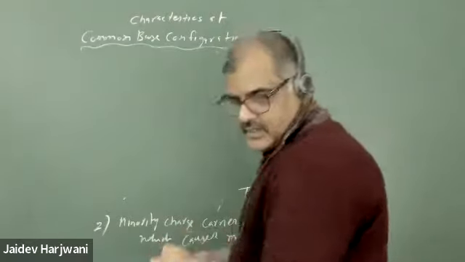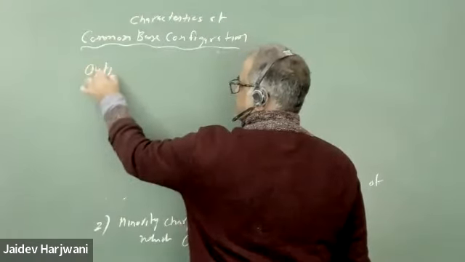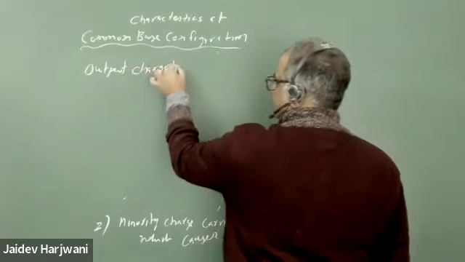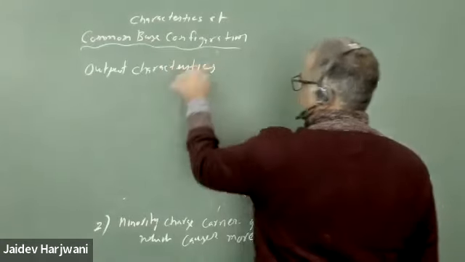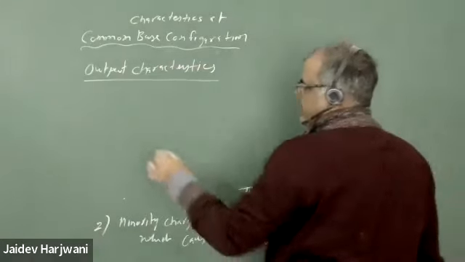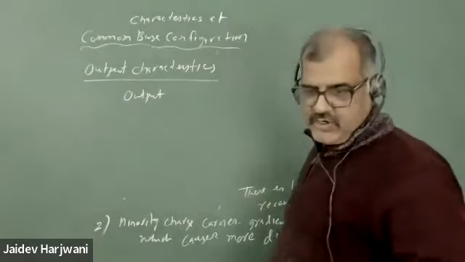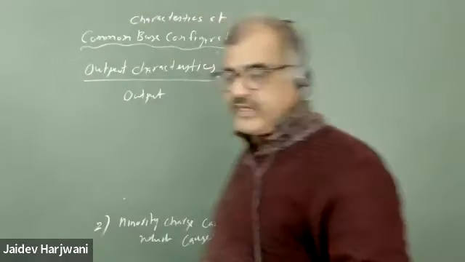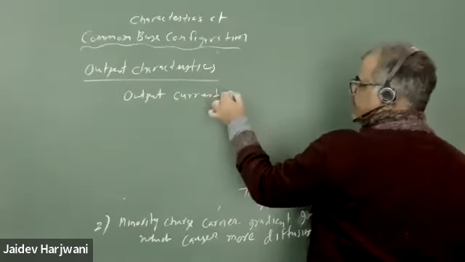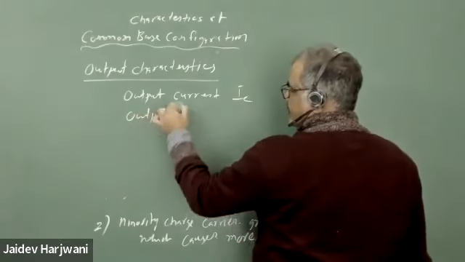Next is your output characteristics. Output characteristics means your output current and output voltage. Output current is your IC, and output voltage is your VCB.